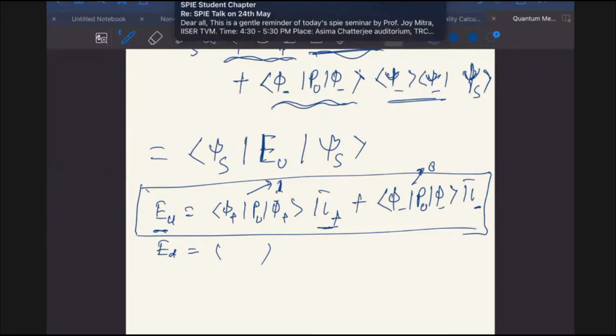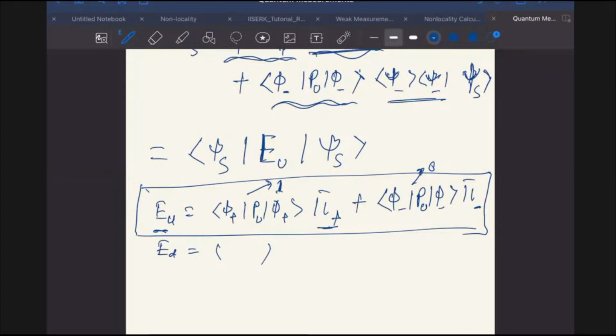That means phi plus is not always going up, sometimes it is going down. This is the reason why the unsharpness comes in the measurement. So if this phi plus was phi U, we would have 1 and this is 0. And similarly for the other case, I will have this term survive and this is 0.